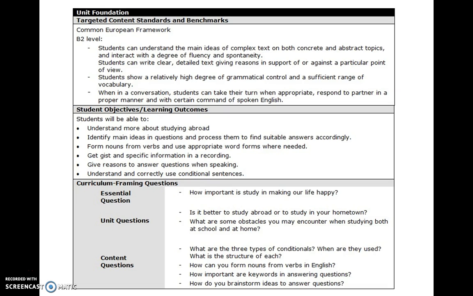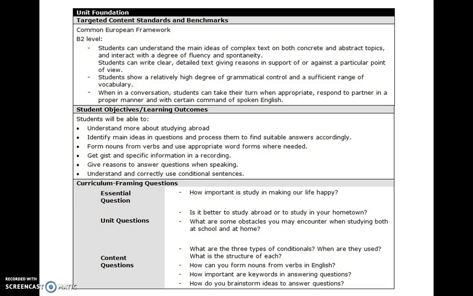Students can write clear, detailed text giving reasons in support of or against a particular point of view. Students show a relatively high degree of grammatical control and a sufficient range of vocabulary. When in a conversation, students can take their turn when appropriate, respond to a partner in a proper manner, and with certain command of spoken English.